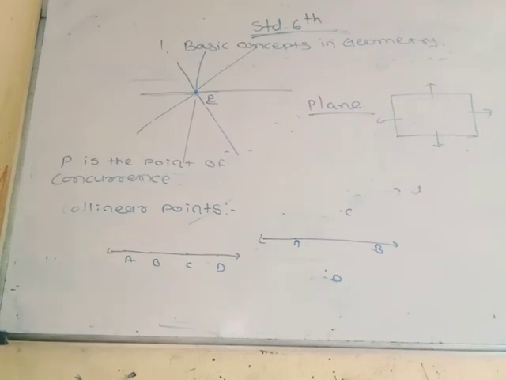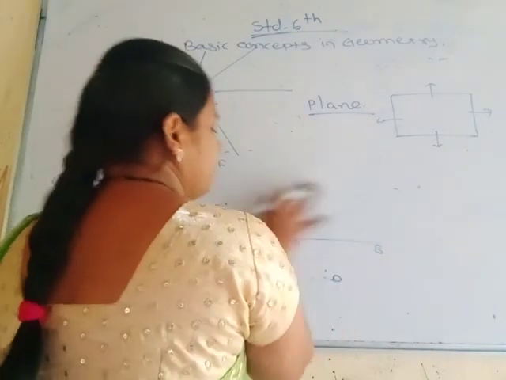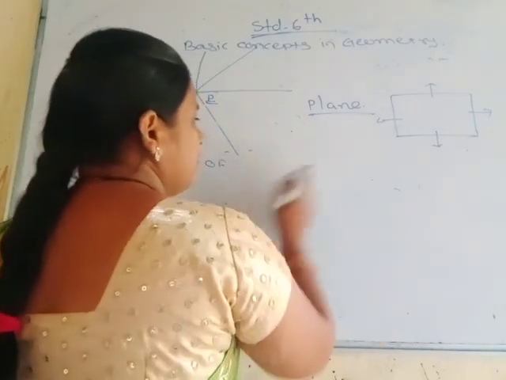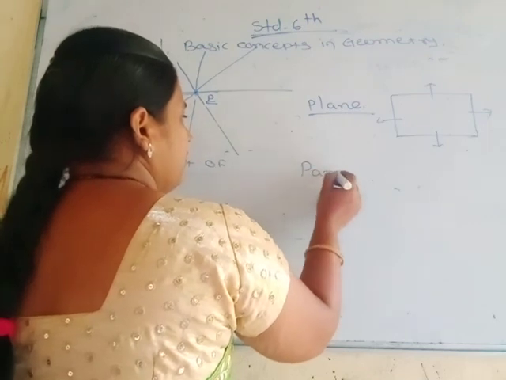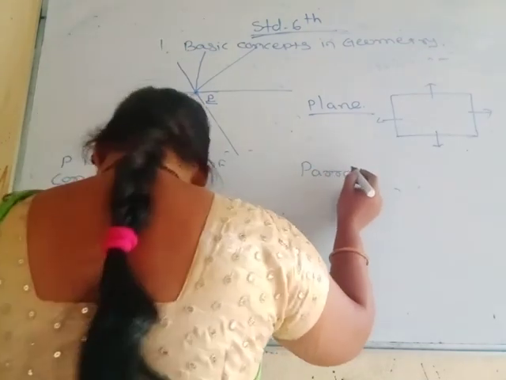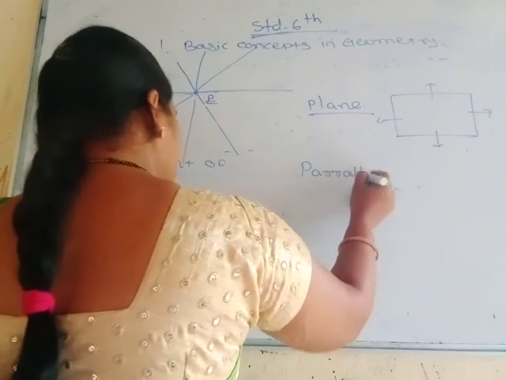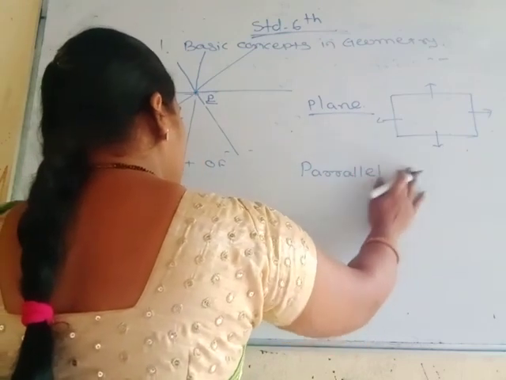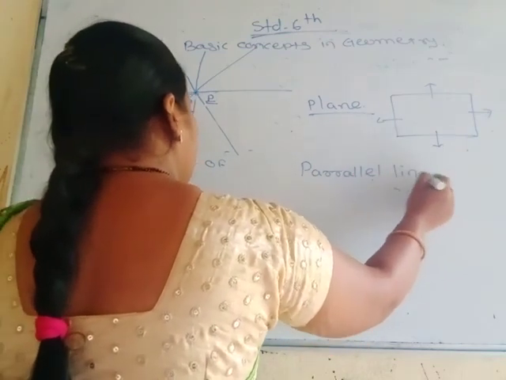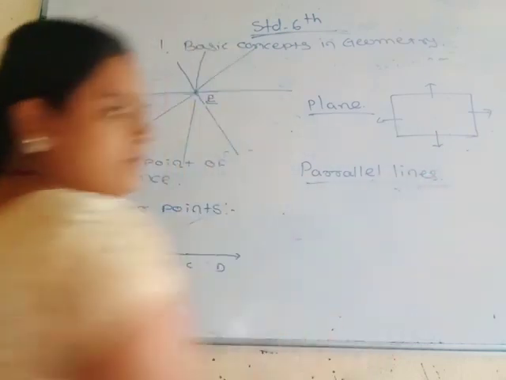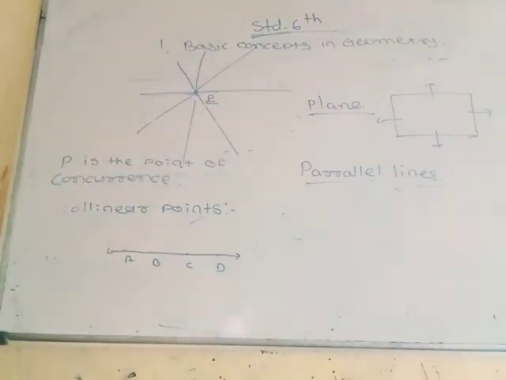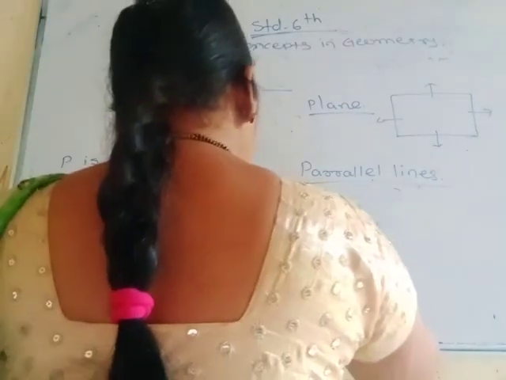Then the next concept is parallel lines. Lines which lie in the same plane but do not intersect each other are parallel lines.